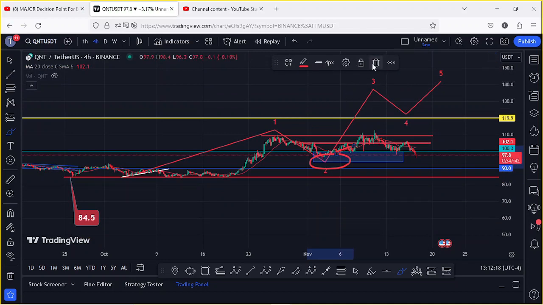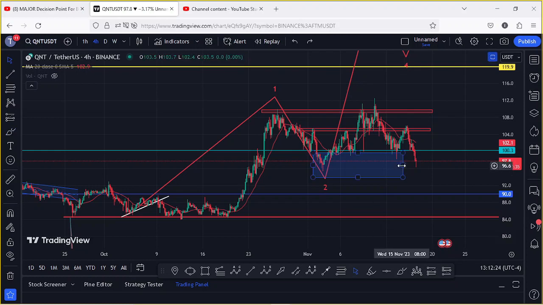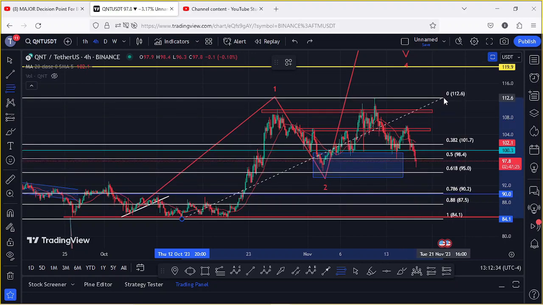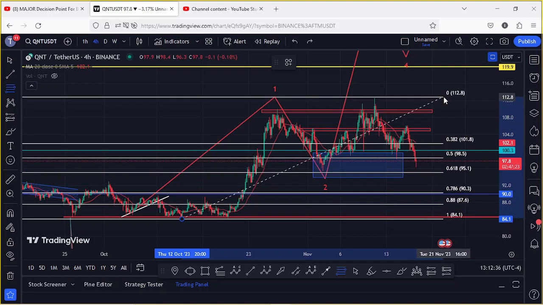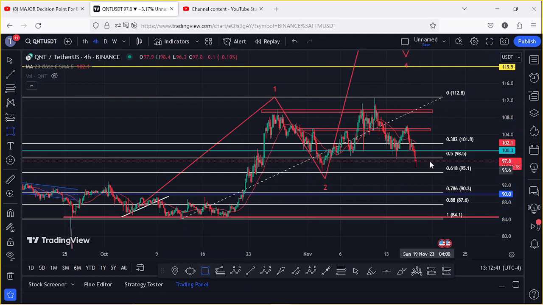The minimum target area for the second wave has been highlighted here on the chart using this blue target area, which is an area I came up with by connecting the Fibonacci's from the low of the first wave to the high of that wave 1, giving me a minimum pullback target area between the fib level 0.382 and the fib level 0.618.